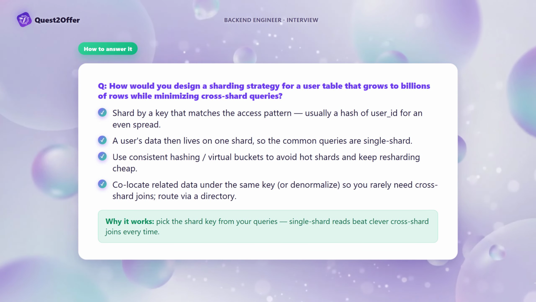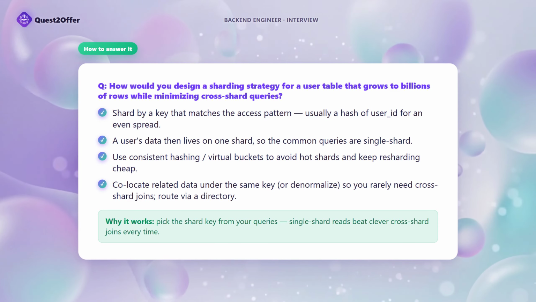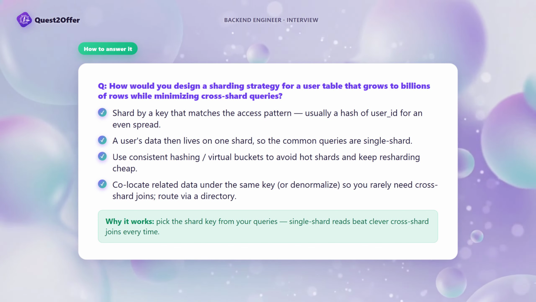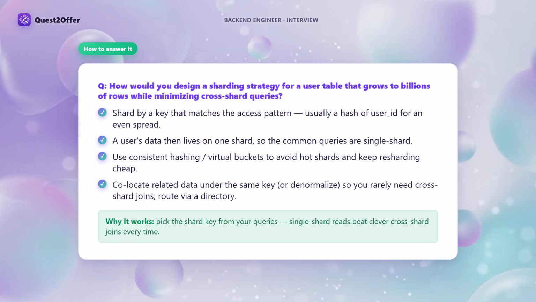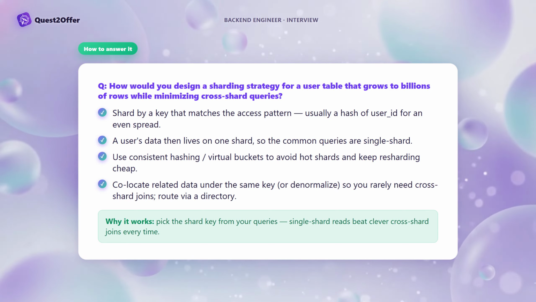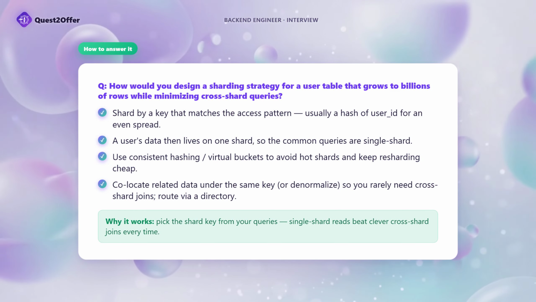Then a user's rows all live on one shard, so the common queries hit a single shard. Use consistent hashing or virtual buckets so you don't get hot shards and resharding stays cheap, and co-locate related data under the same key. Or denormalize so you almost never need a cross-shard join.